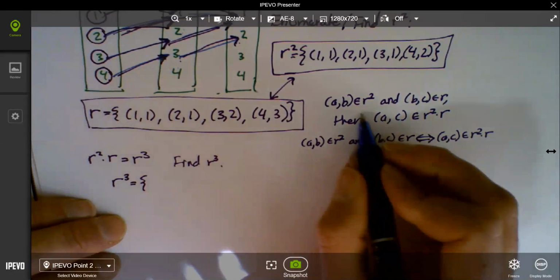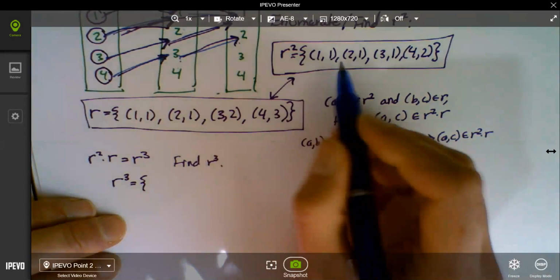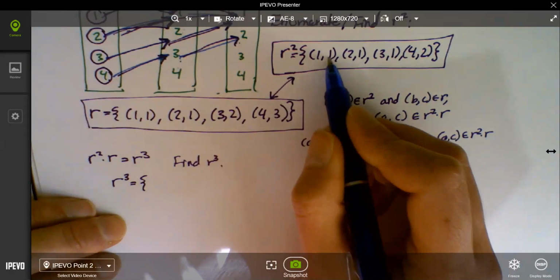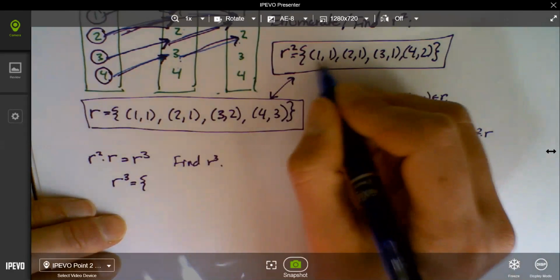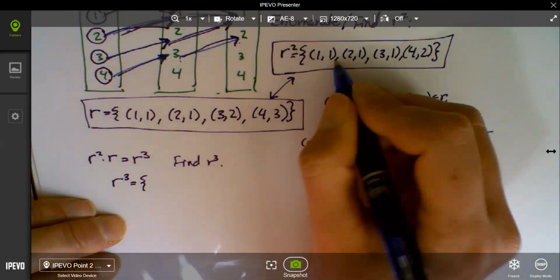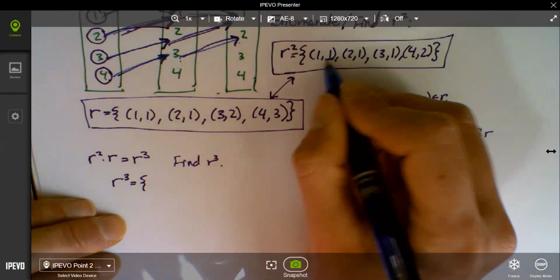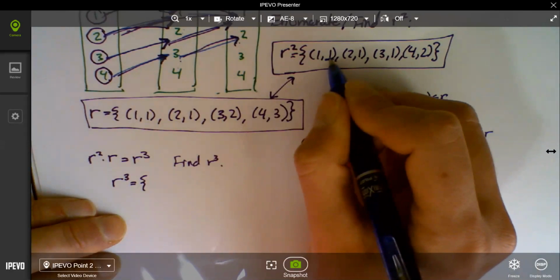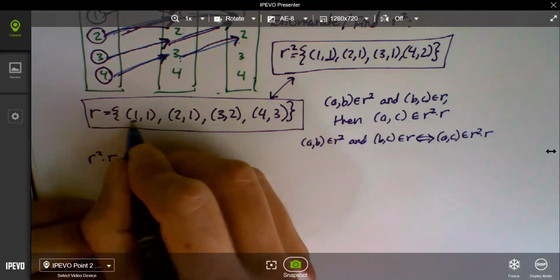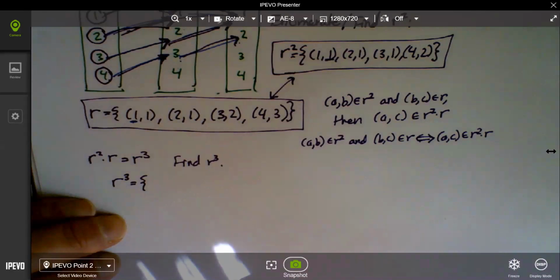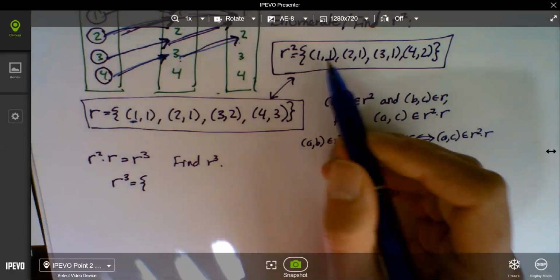I'm looking for some sort of bridge between R squared and R. In each of these ordered pairs, I'm looking for the second element in an ordered pair that is the same as the first element in an ordered pair in set R. I'm going to start with R squared.